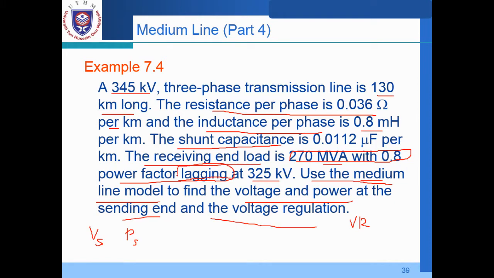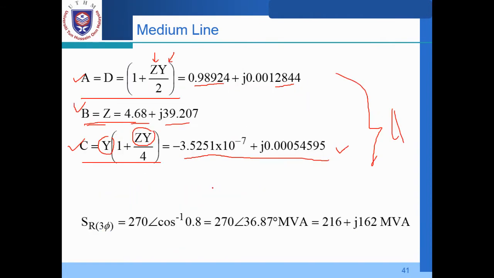Note that this is a lagging power factor, and thus we have the positive sign of the angle. So 270 at an angle of cos inverse 0.8 gives 270 at 36.87 degrees MVA. If you convert into rectangular form, we have it in terms of PR plus j QR.